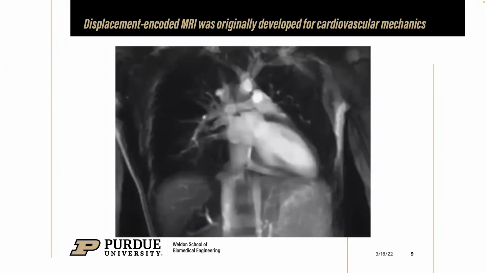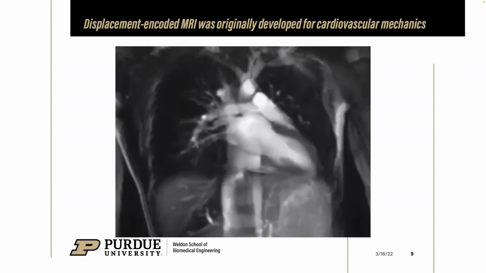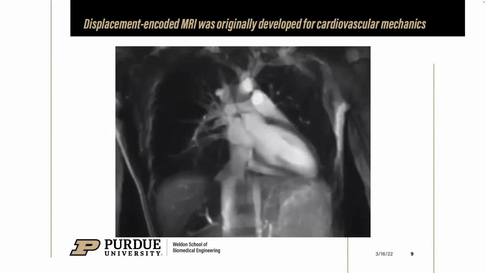And it was initially developed, for those of you that do more cardiovascular mechanics, you're probably well aware of it, in cardiac tissues because cardiac tissues don't require an external actuator in order to deform inside the body in a living human, right? And so it paired very well with imaging that enabled you to be able to measure the strains in the ventricle and the atria in vivo. And so that was the challenge that we set upon ourselves.